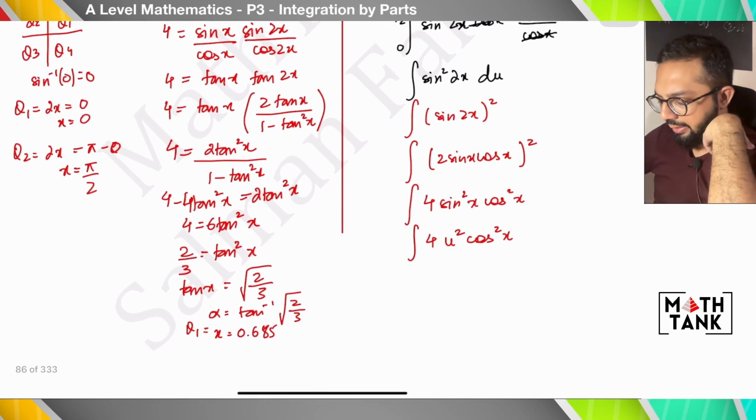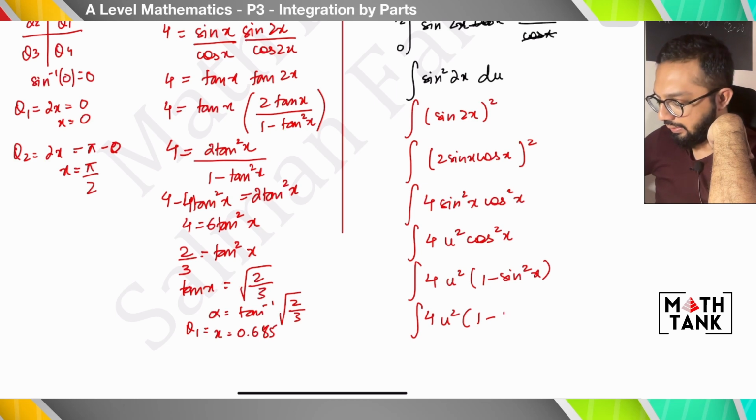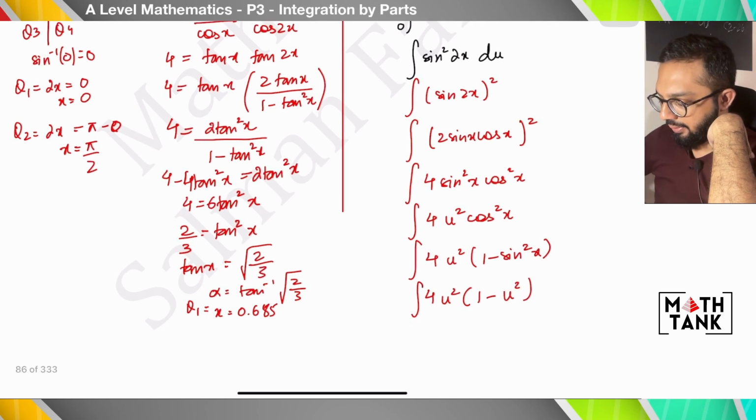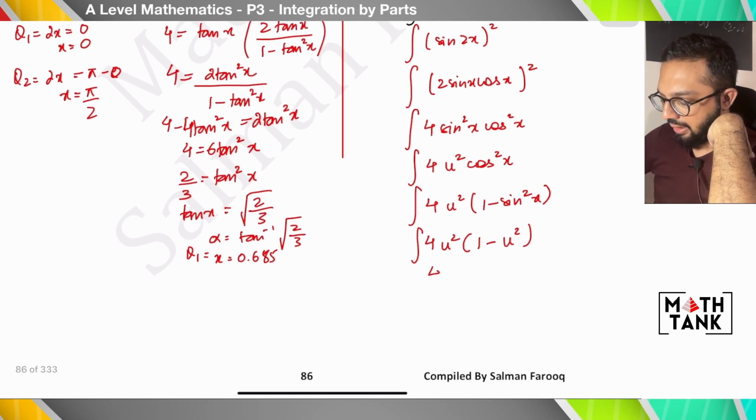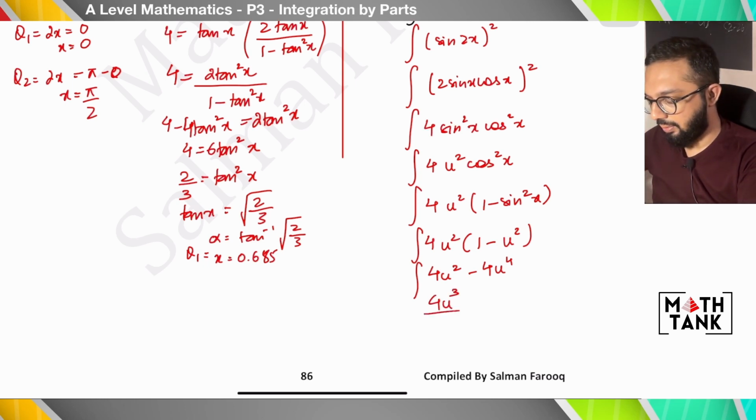Then I'm reminded that cos squared x is 1 minus sine squared x. So I get 4u squared times 1 minus u squared. I open the bracket up because I can't integrate like that. It would have been wiser to take 4 out, but let's just get along with what we've done so far.